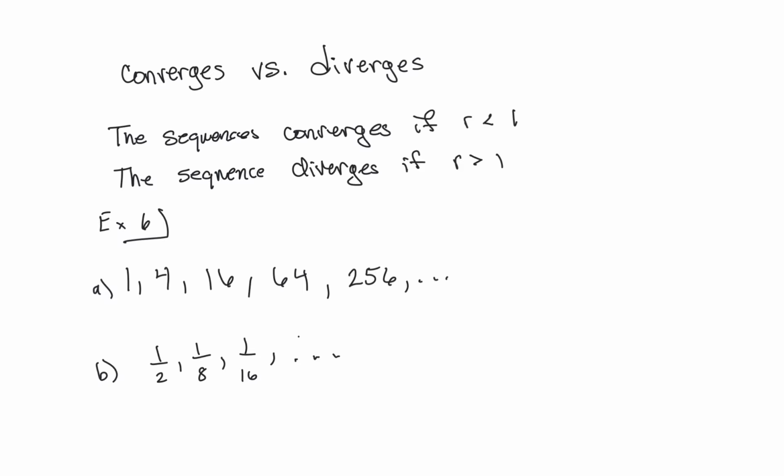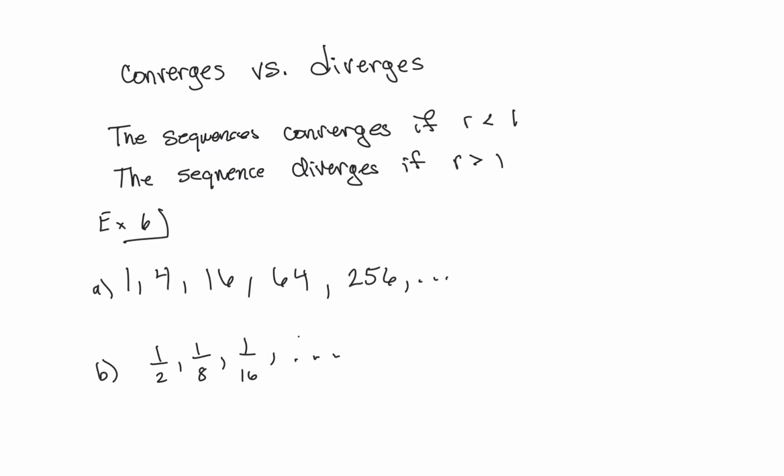The last topic is about convergent and divergent sequences. The way that we tell if something converges to a specific number, in other words, if the number eventually becomes a single number, or if it's just going to continue to get bigger and bigger forever, either positively or negatively, is to see what happens.